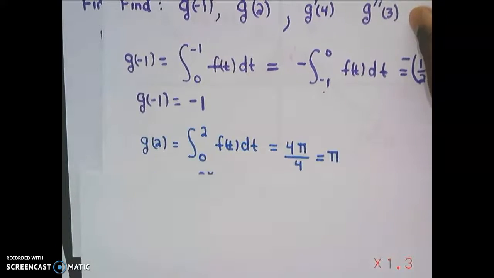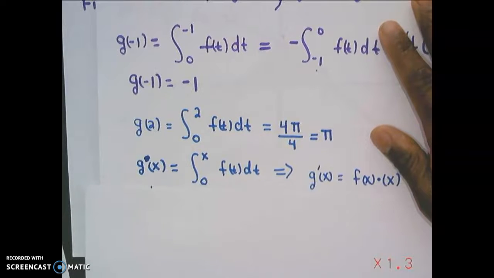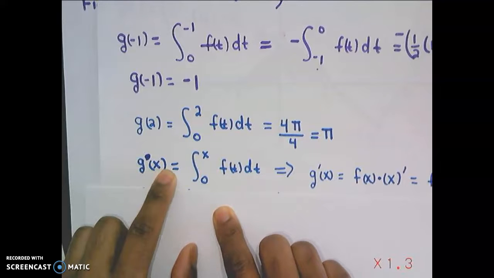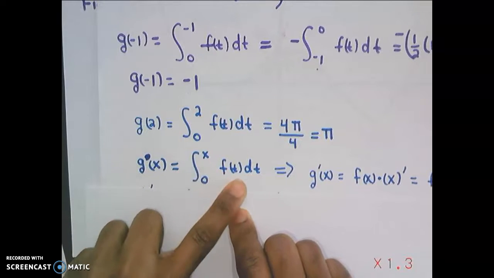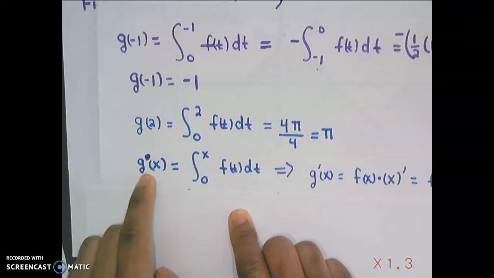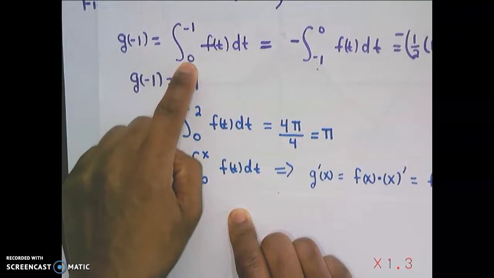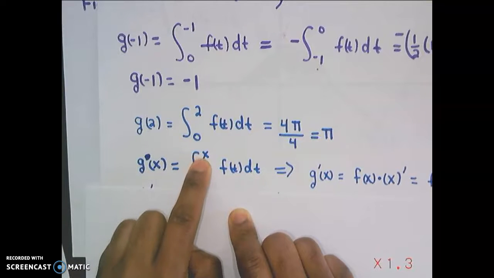Since we are going to have g of -1, g of x is just equal to what? G of x is equal to the integration from 0 to x of f of t dt. So this is basically saying if I want to find g of -1, everywhere I see an x, I'm going to put a -1. The only place I see an x is for the upper limit.